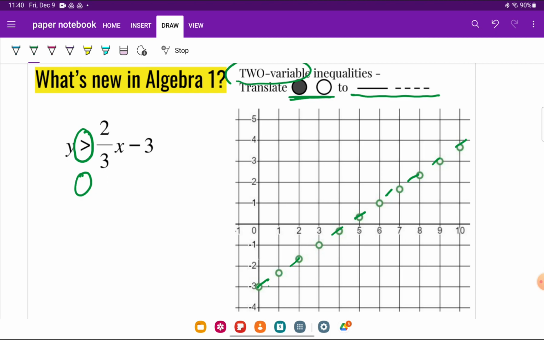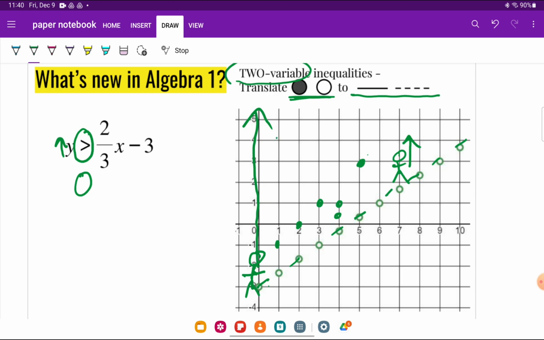And if I'm standing on the y-intercept, y is greater. The y values increase going up. So I'm interested in all of these points, right, that are above my line.